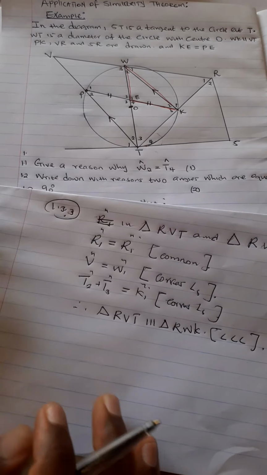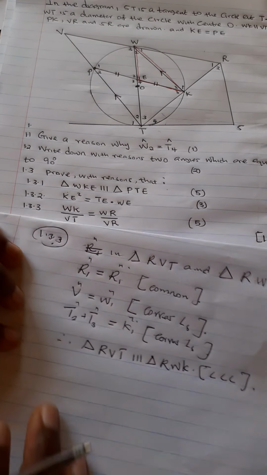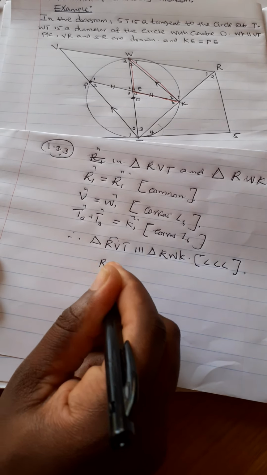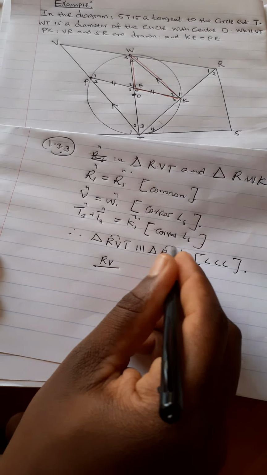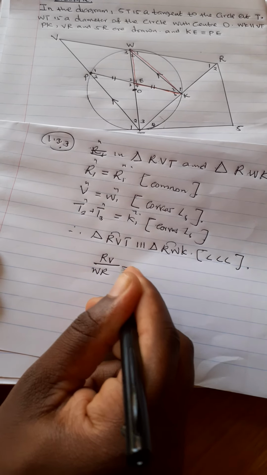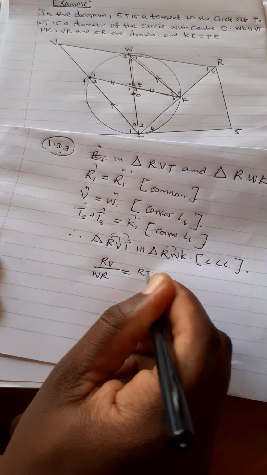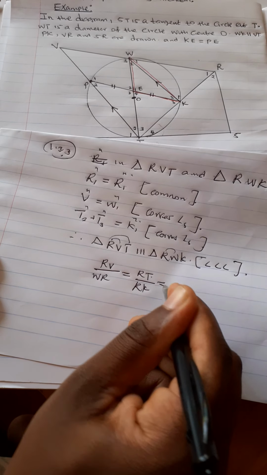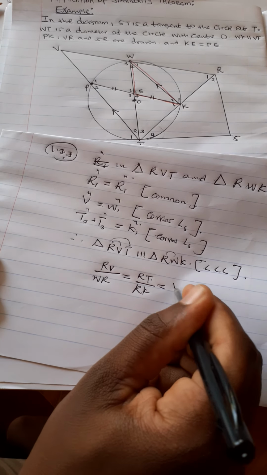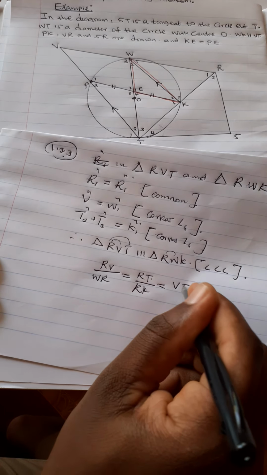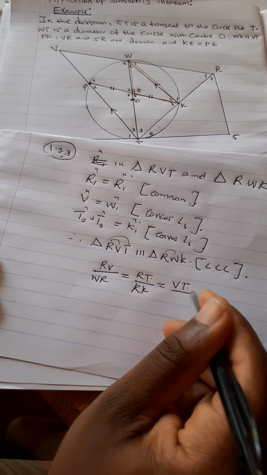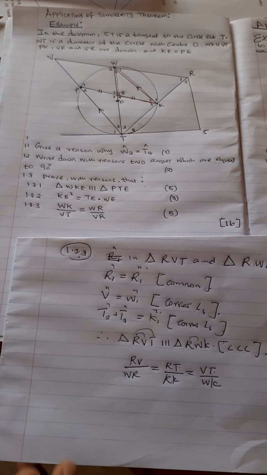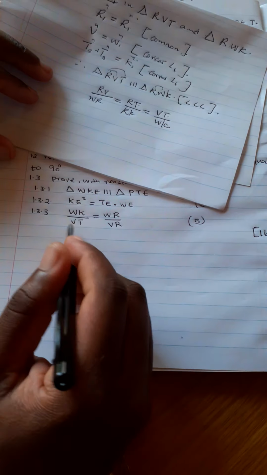After proving this, you now have liberty to use proportion. So we say RV over WR is equal to RT over RK, and is equal to VT over double K. Therefore, look at the question.